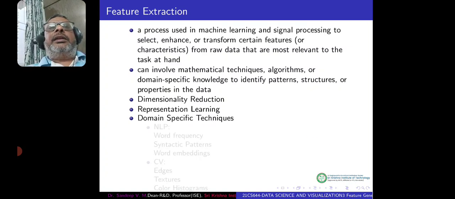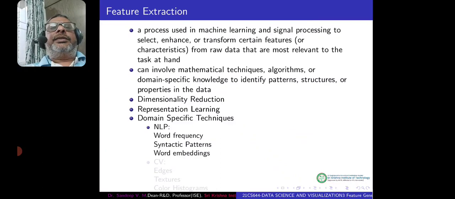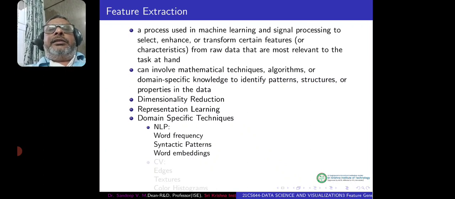Then we can use domain specific techniques for extracting the features. For example, if we are talking about natural language processing, then the data is a sequence of words. That's the data we have, but what we can generate out of that is word frequency, syntactic patterns, word embeddings, and so on.